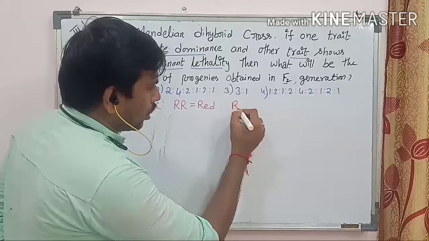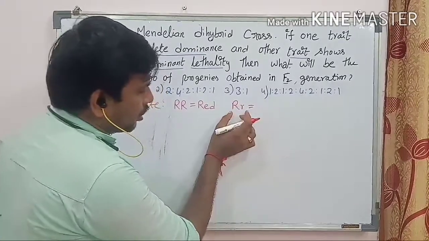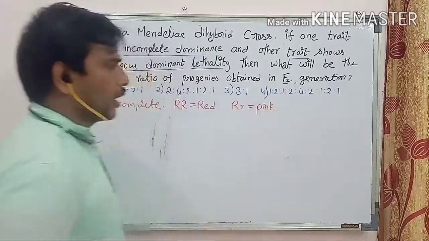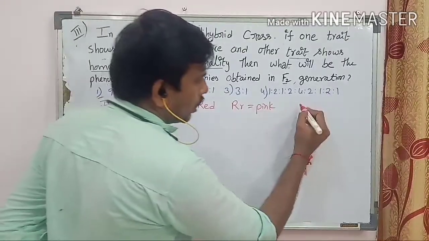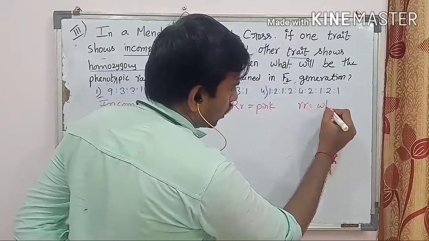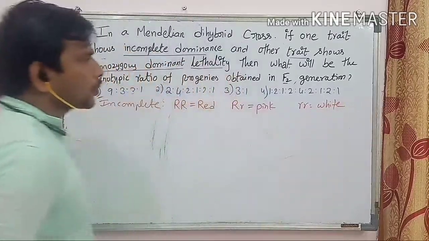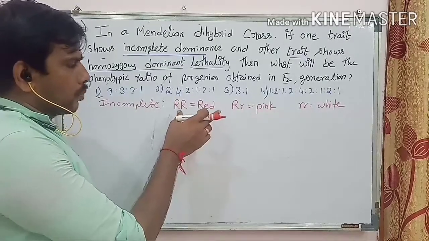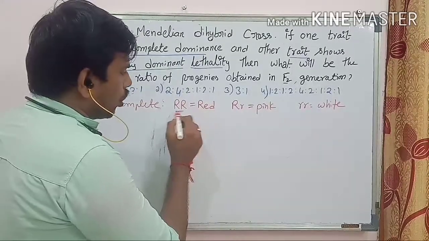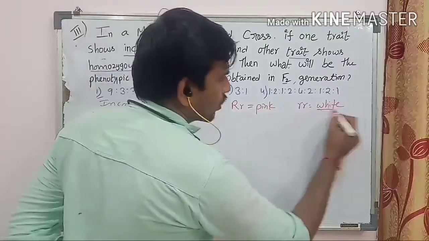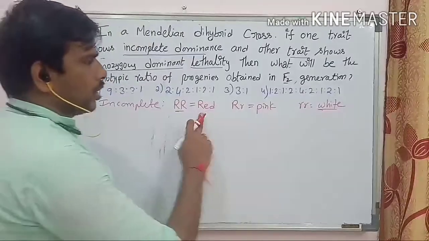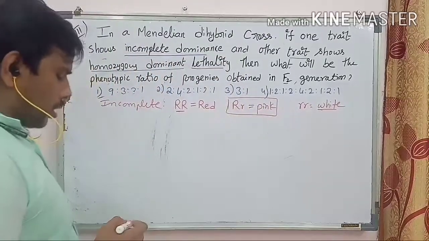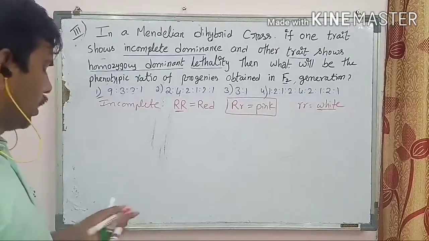When it is capital R, small r, this is incomplete dominance, where we get another color, pink. And small r, small r gives white color. In normal dominance, the organism gets the dominant trait rather than the recessive trait. But here, instead of dominant and recessive, we get another one, that is pink. Remember this, and now you will see the lethality.